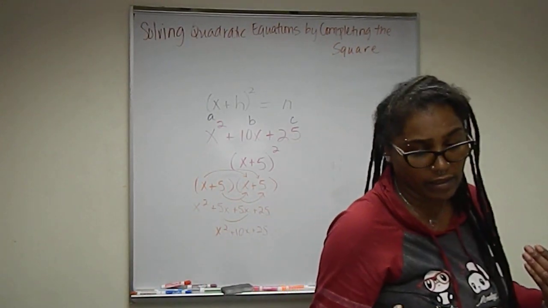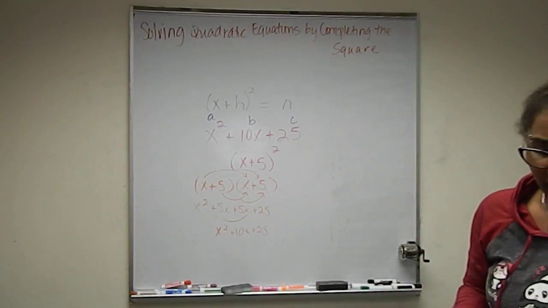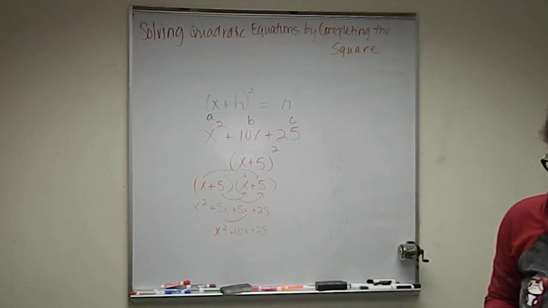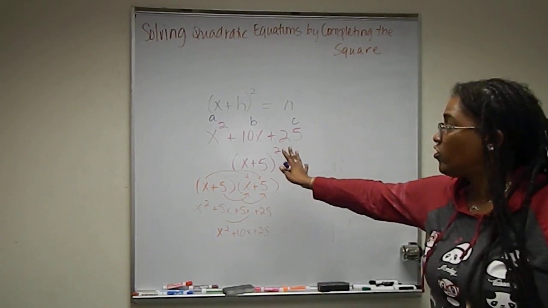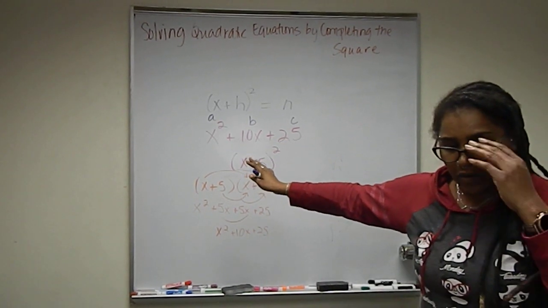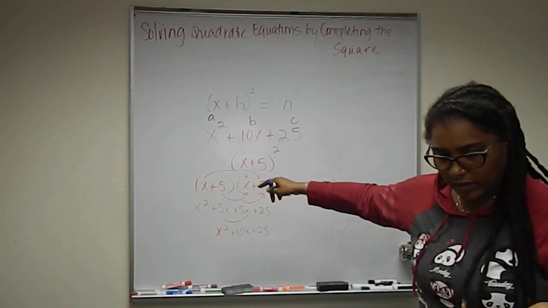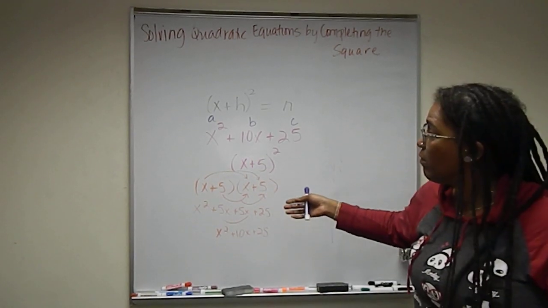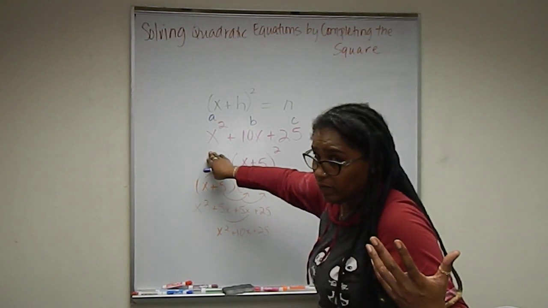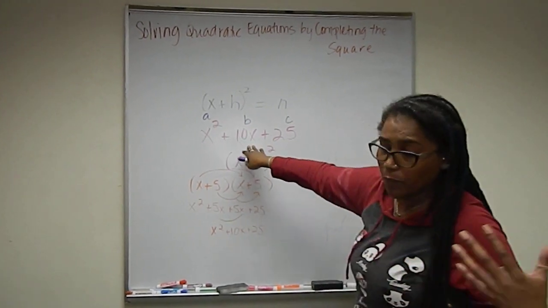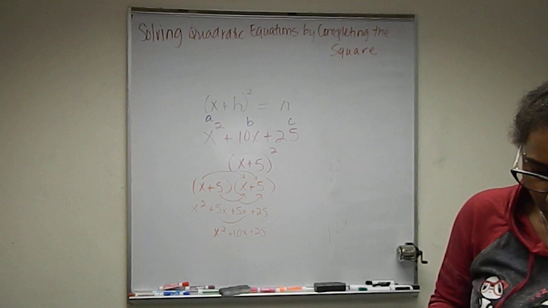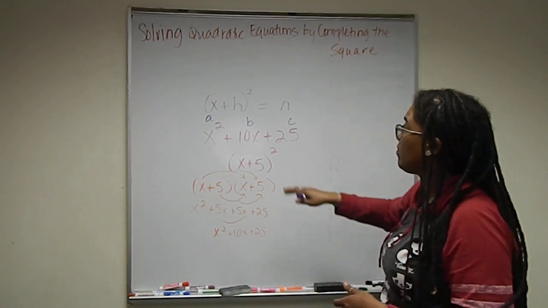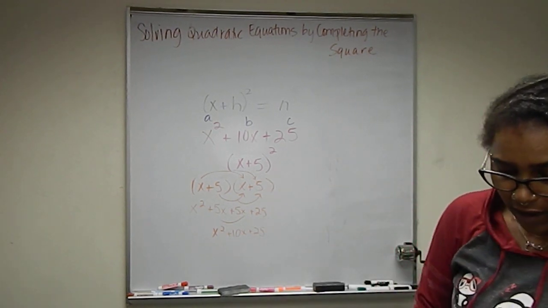It's still A, B, C. Sometimes it'll be X, Y, Z. So in this trinomial, the coefficient of x squared is 1, the coefficient of x in our B term is 10, and the constant term is 25.